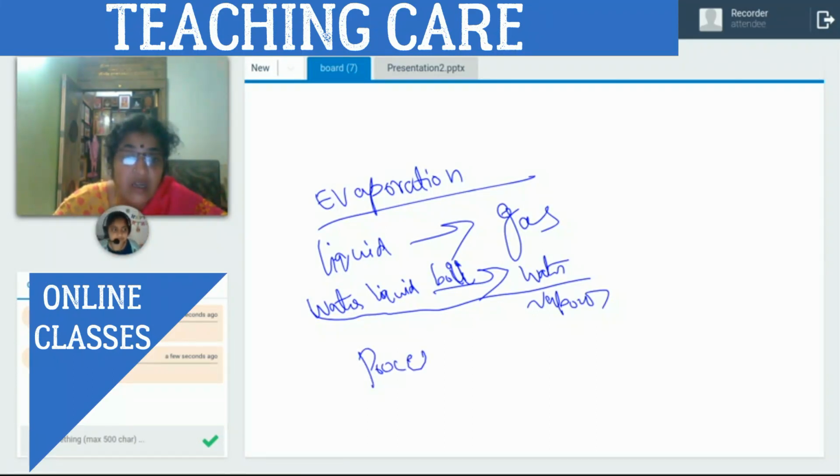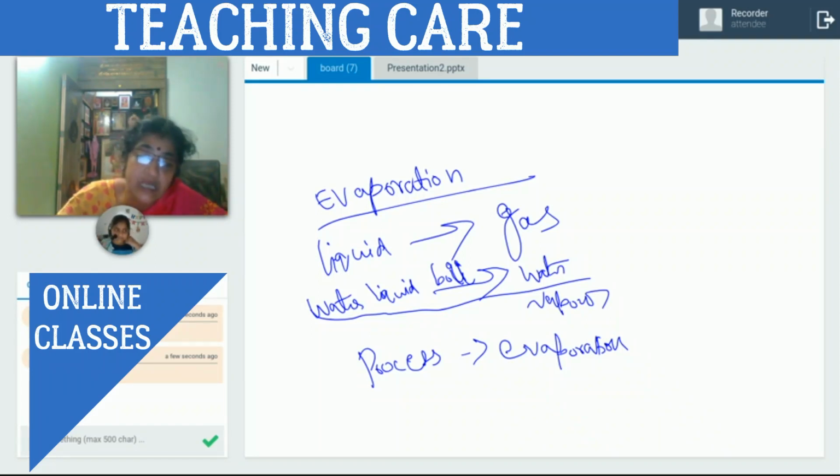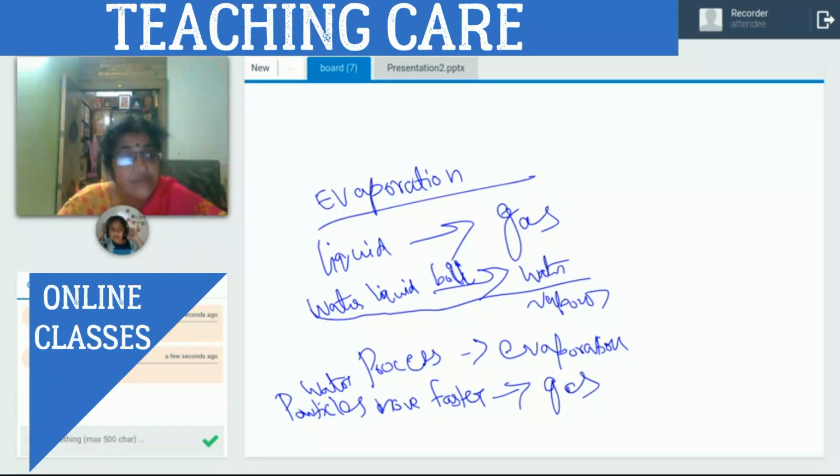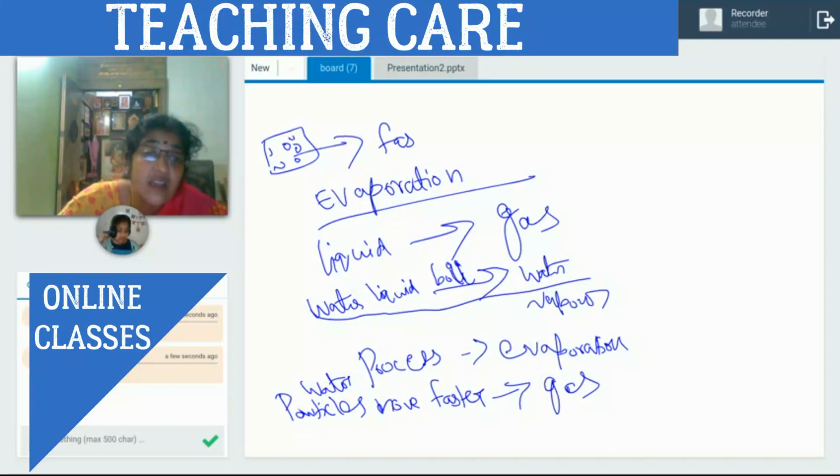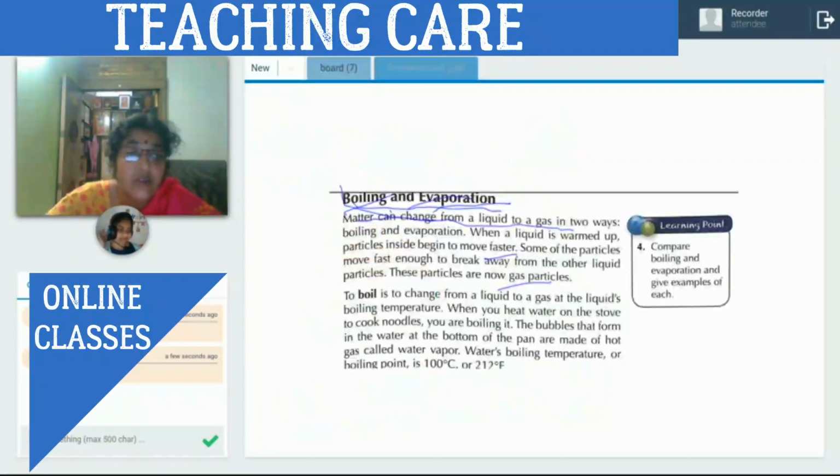And this process is called evaporation. When this evaporation process happens, what happens to the particles? Do they move faster or slower? Faster. Water particles move faster and they become gas, right? Liquid particles like this move faster and they become gas. Okay, good.